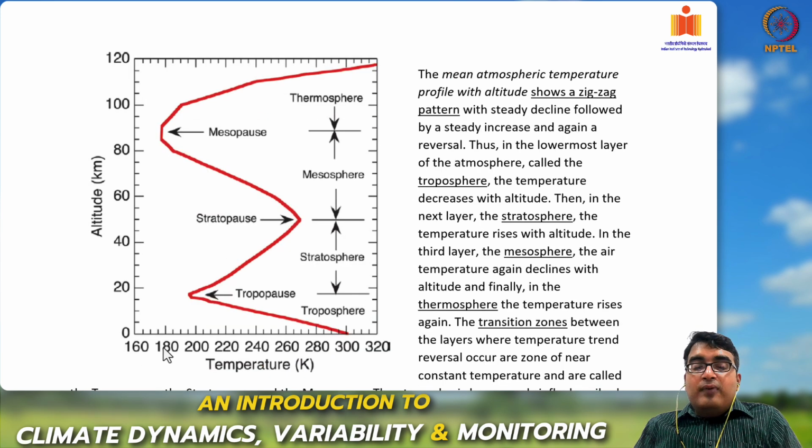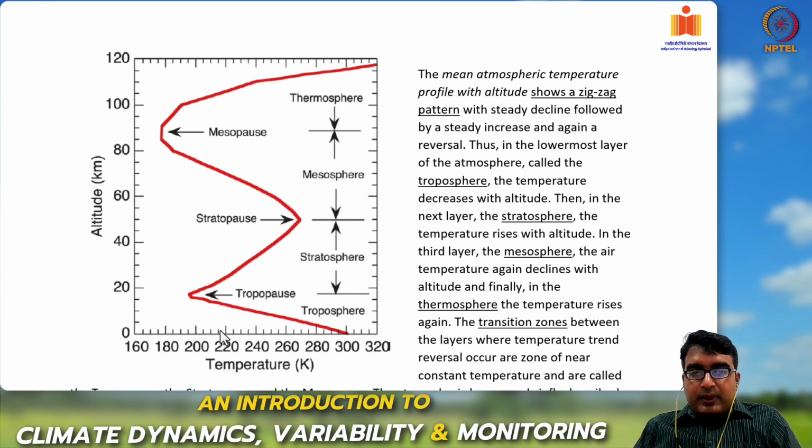And as you move up in altitude, the y-axis, if you can see, is in kilometers. Okay, so the atmosphere firstly extends from 0 kilometers, which is near the surface, to 120 kilometers above the surface. So in contrast, for example, even the largest mountains are much lower.